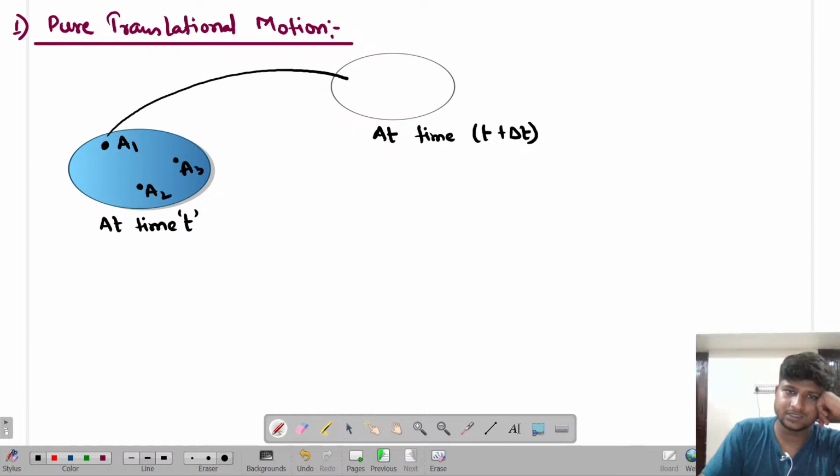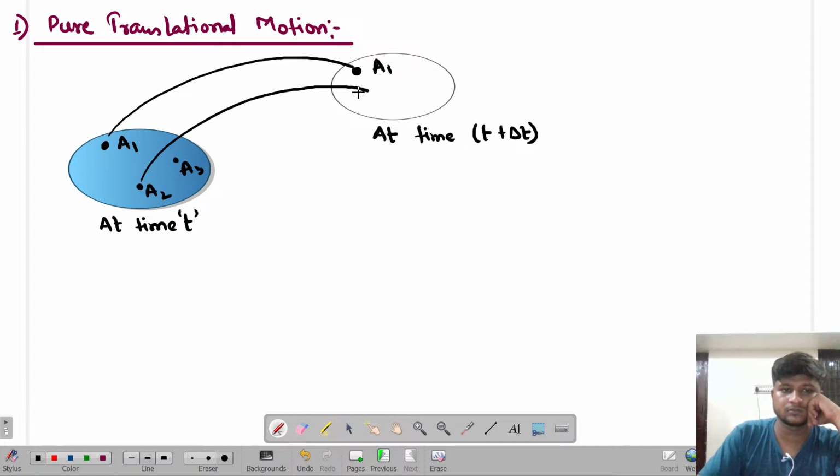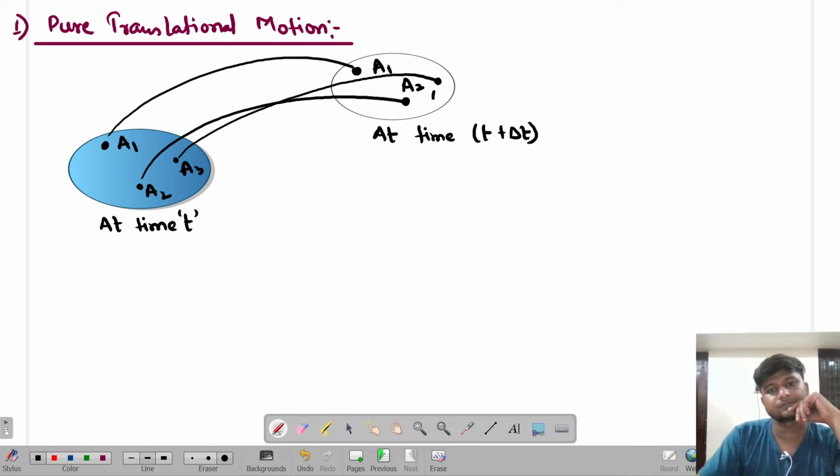So if I look at the translation of A1, A1 is over here. Correct or not? A2 will go over there. And A3 over here. Yes or no?